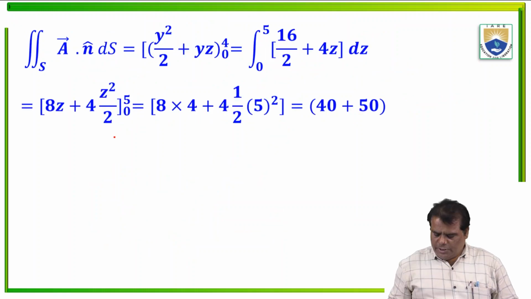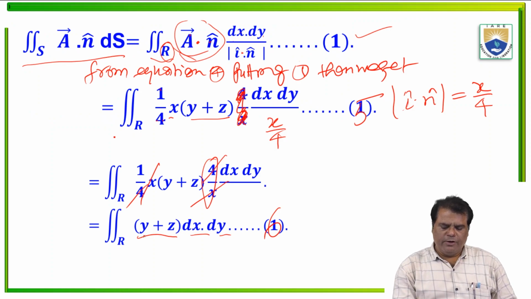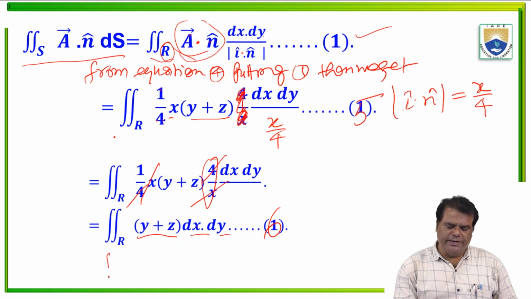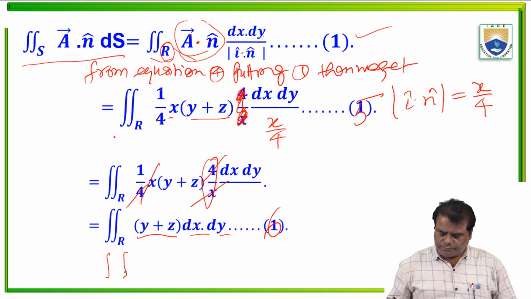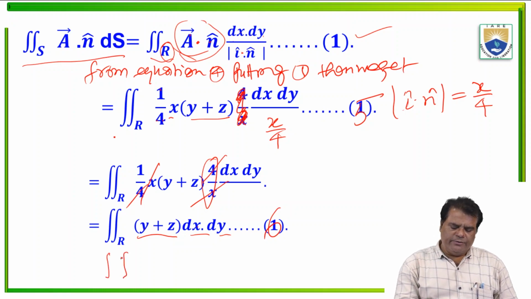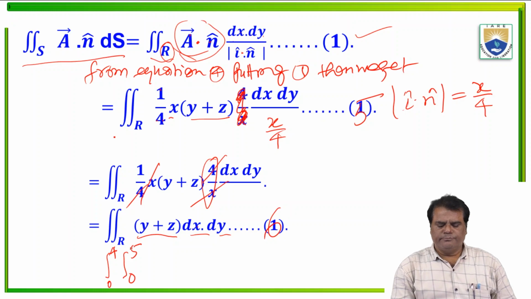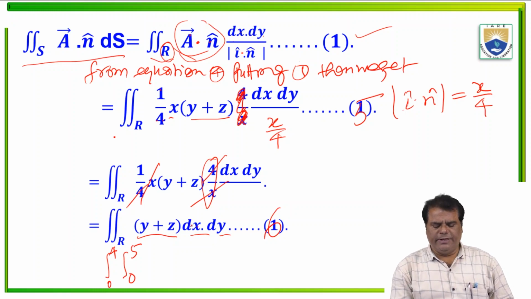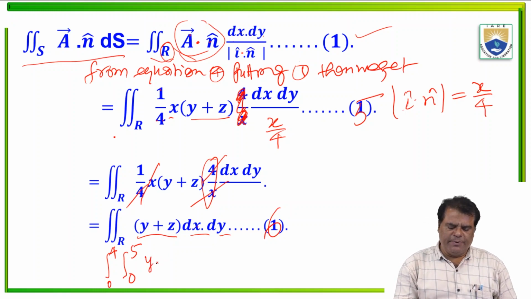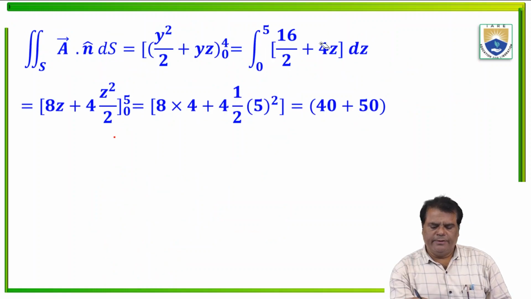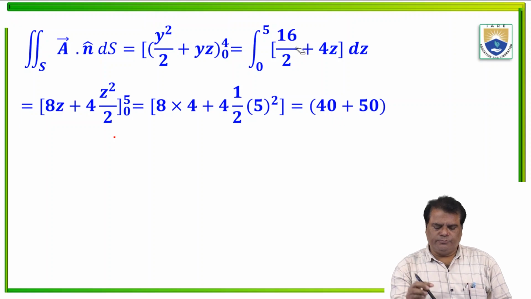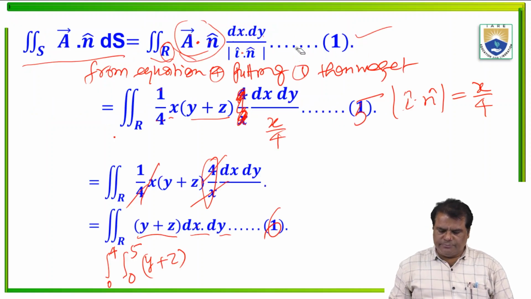Now next, integrating this. First of all integrating with respect to y. So double integration, y is 0 to 4 and z 0 to 5. Here y plus z, not dx, dy dz.